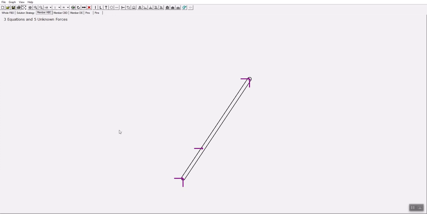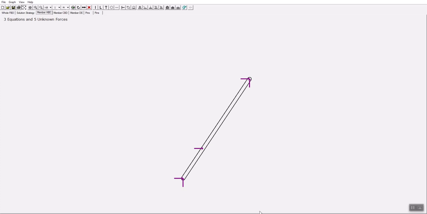Now this is no longer a two-force member because there is a two-force member attached here. So this becomes a multi-force member. So we cannot say the forces are along the member.